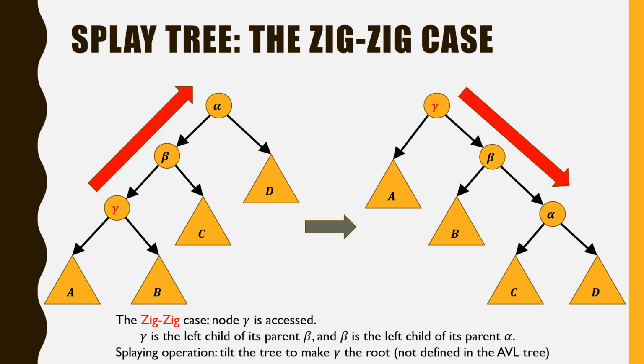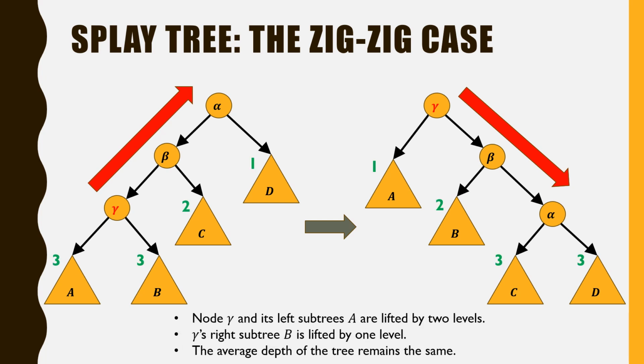Note that this operation is unique to the Splay tree and has no direct equivalent in the AVL tree. After splaying, the accessed node gamma becomes the new root of the tree. The left subtree of gamma, A, is lifted by two levels. The right subtree of gamma, B, is lifted by one level. Overall, the average depth of the subtrees remains unchanged.